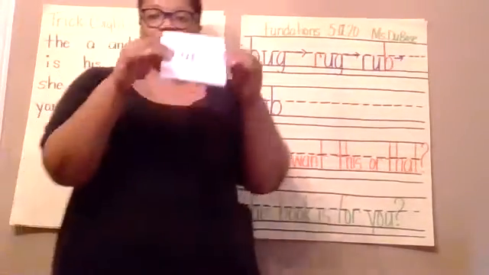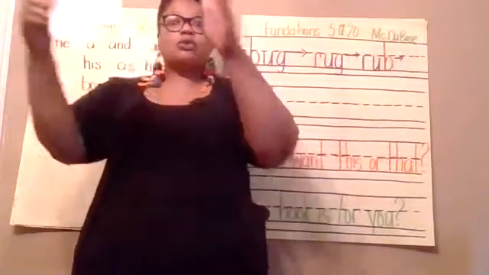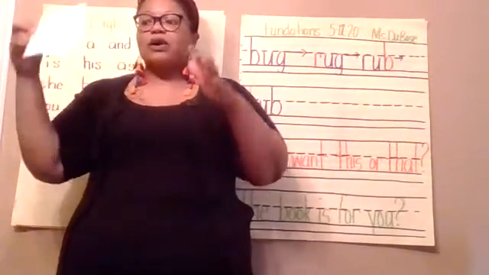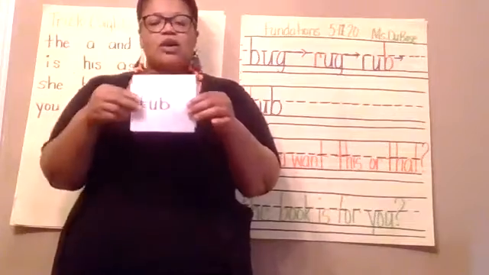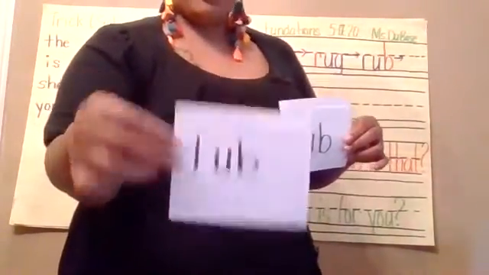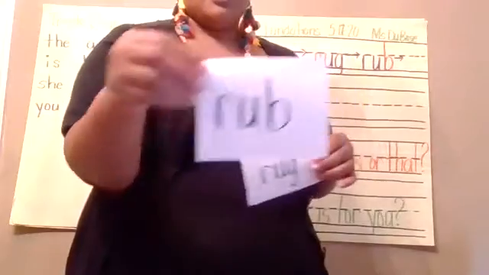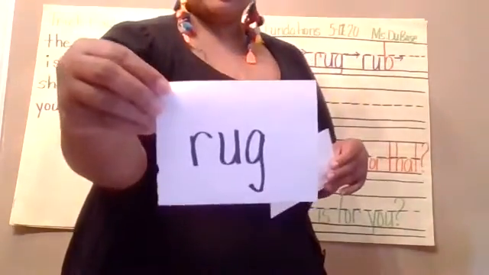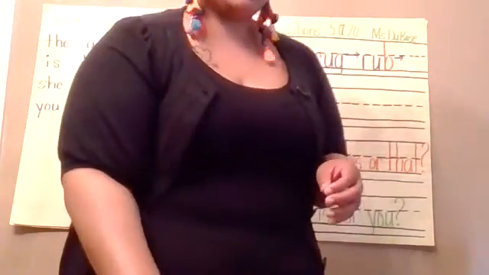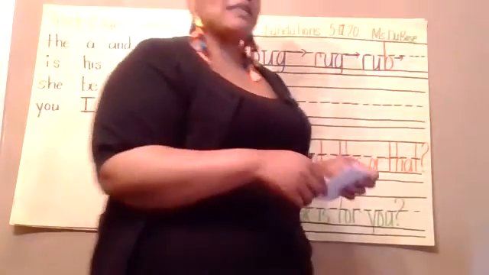And you would add these paper index cards to the paper index cards that we made yesterday with our words and our sentences. So I have, what's this, friends? Tub, rub, rug, bug. Parents, please make sure you hear those sounds when they're saying it.